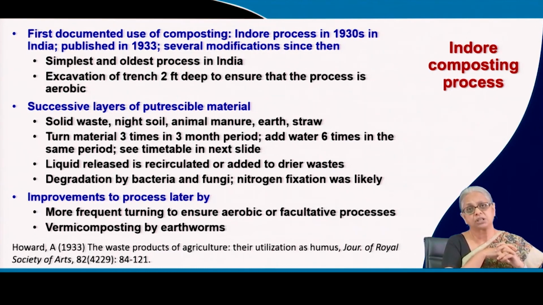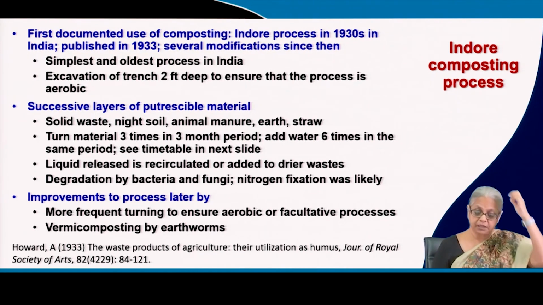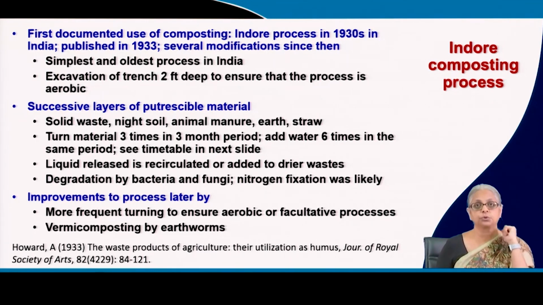Vermicomposting is done by earthworms, not by microbial organisms, except those that inhabit the gut of the earthworms. It's a totally different kind of method, and it's outside the scope of our course, so I won't go into it, but that's also proving to be more and more popular, and it gives good quality compost.